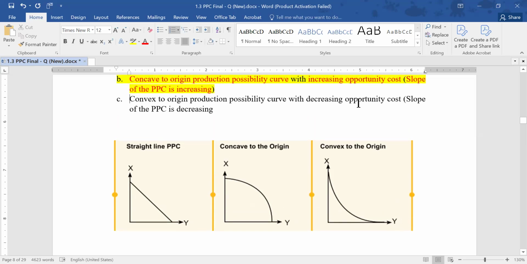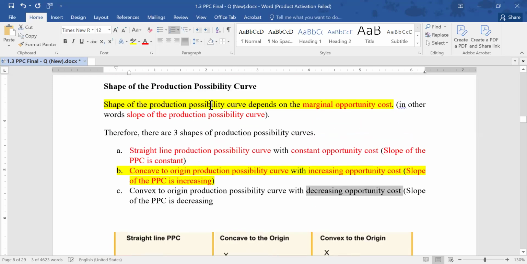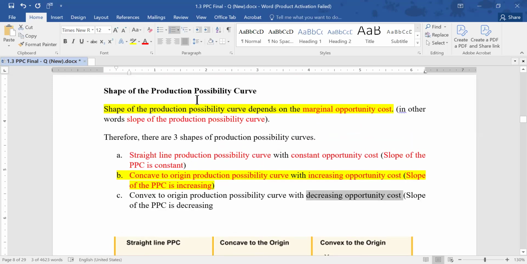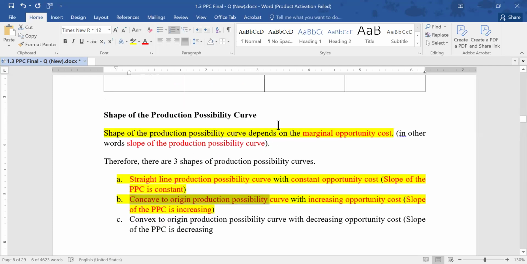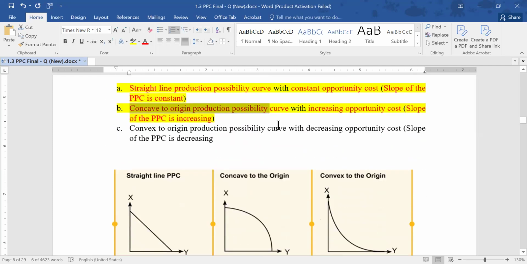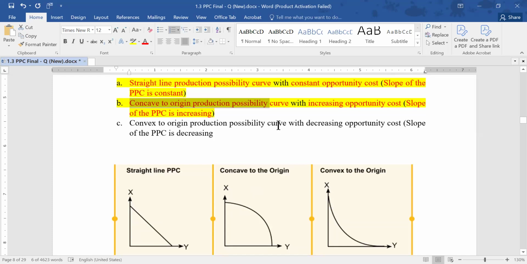It represents decreasing opportunity cost, but no need to keep it in mind because it is out of the syllabus. So initially we can identify two types: straight line PPC with constant opportunity cost and concave to the origin PPC with increasing opportunity cost, right?